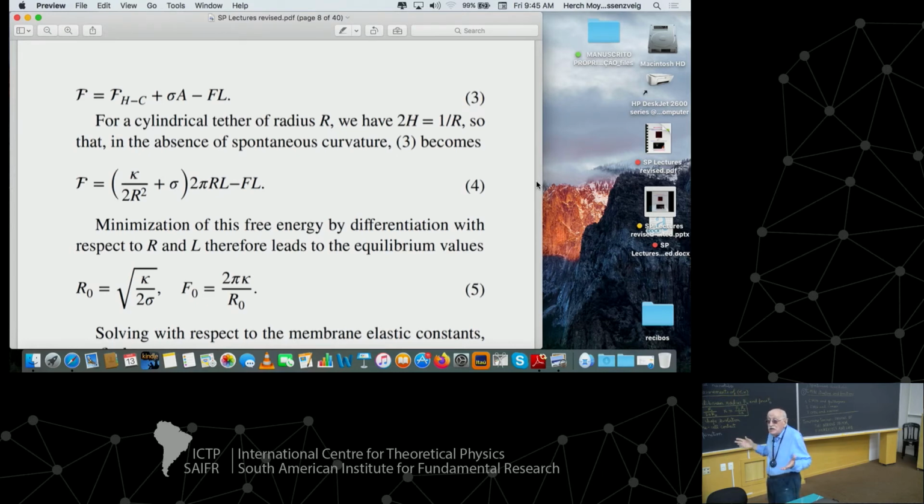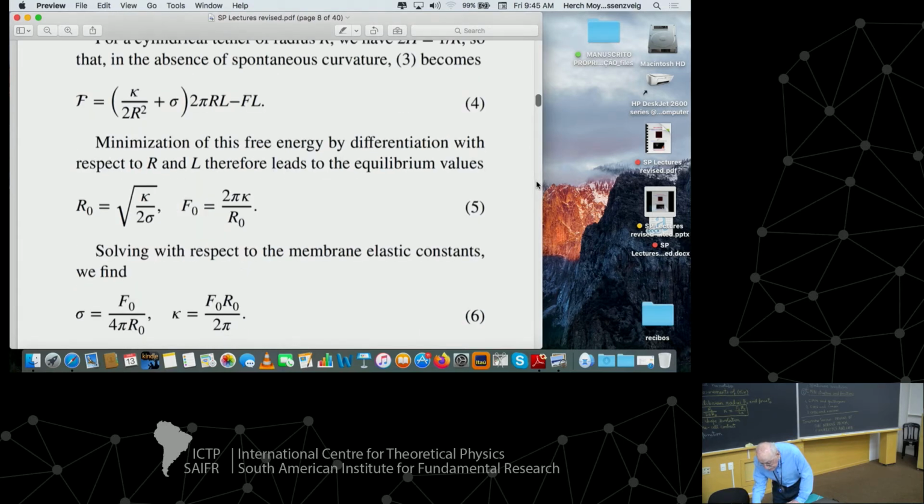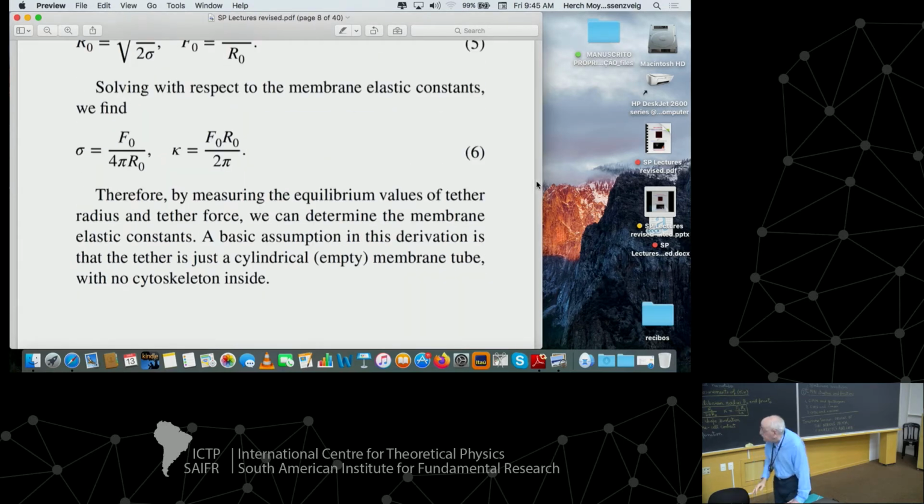You just minimize this free energy, differentiate with respect to L, solve, and you get exactly the radius R0 is the square root of kappa over 2 sigma, and F0 is 2 pi kappa over R0. Therefore, you solve with respect to sigma and kappa, and you find precisely these two formulas.